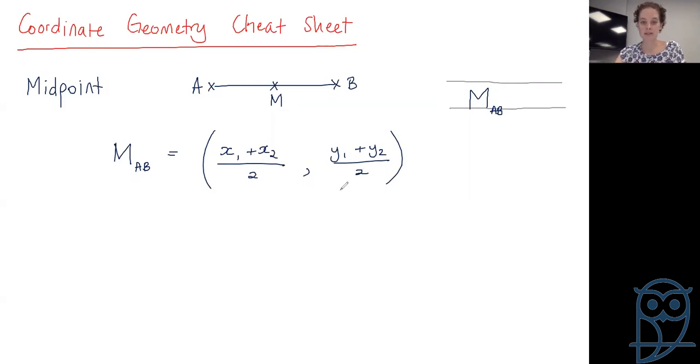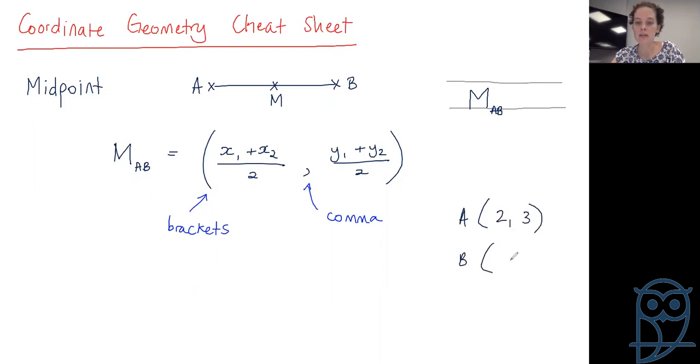So, midpoint. Things to remember: brackets and the comma. Because you are not doing this as just random calculations. If you are calculating a full midpoint, you're calculating a coordinate. So we need to structure it like coordinates. So let's say we have A is (2, 3), and B is (6, -4).